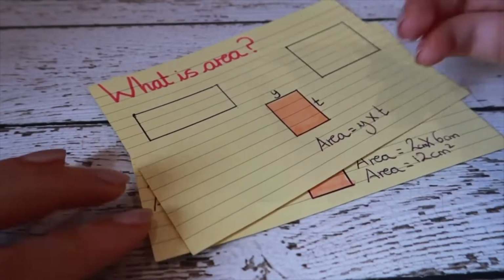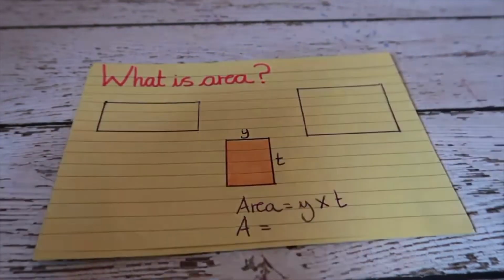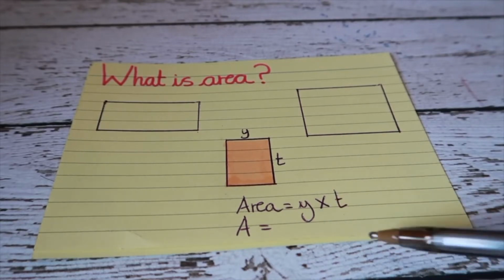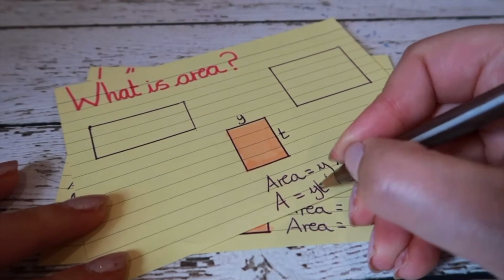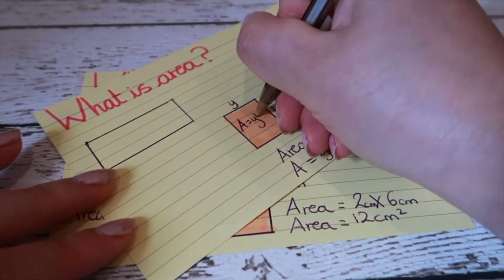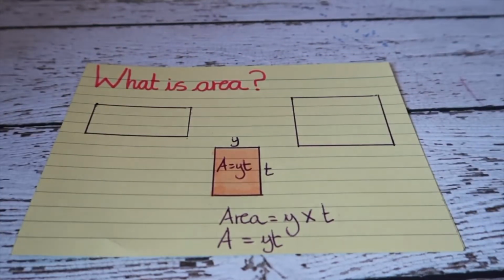So this is an example of finding the area in terms of algebra. Now, when we use algebra, we don't use the multiplication sign if we're multiplying two letters together, because people might think it's an x. So instead, we just write yt. So if you have two letters together, it just means y times t. So instead of writing y times t, I can just write yt, okay? Or I could also write ty, it doesn't matter.